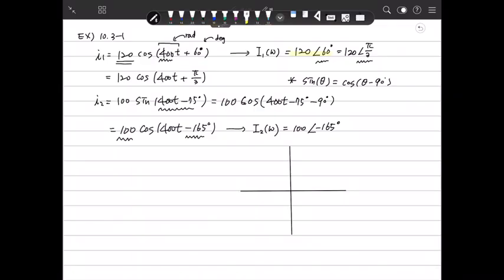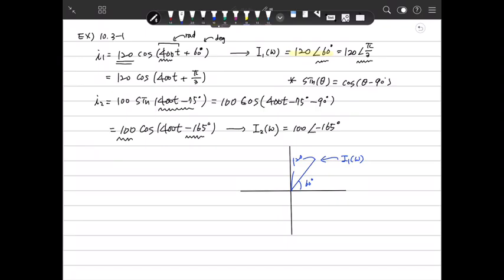This is I1. The magnitude is 120 and the angle is 60 degrees. So I1 can be expressed in this manner: 60 degrees and magnitude 120. Then we call that the I1 phasor.